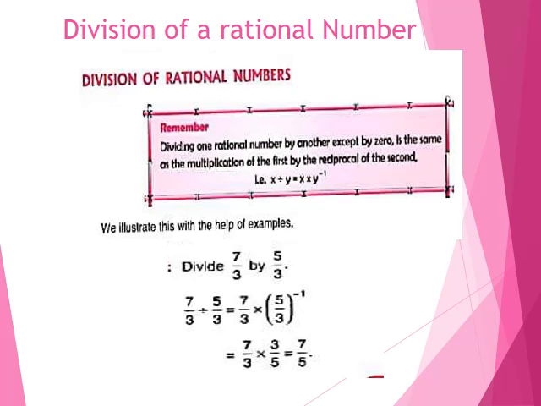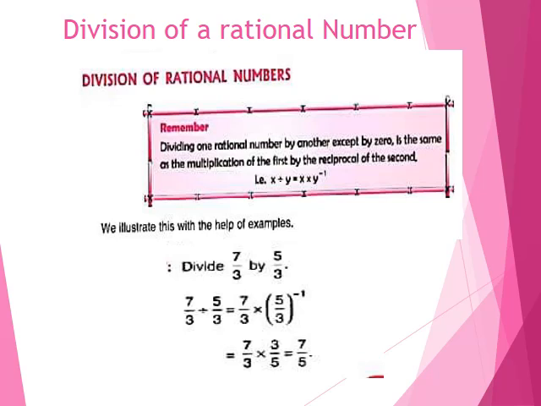See the example here. We have to divide 7 by 3 by 5 by 3. So the second number is what? The second number is 5 by 3. So what we have to do? We will first write it as 7 upon 3 divided by 5 by 3. Now we take the reciprocal of 5 by 3, which is the second number.